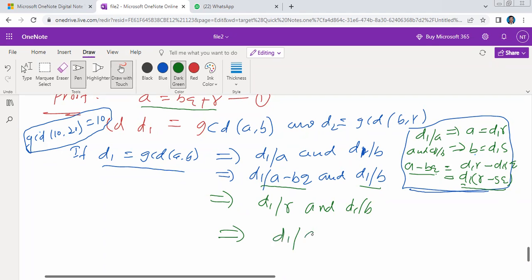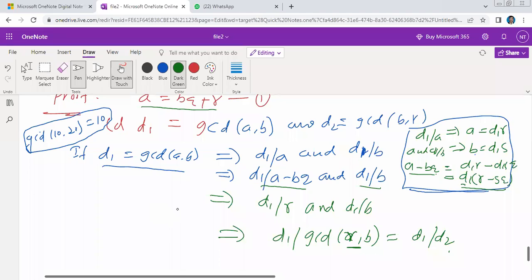So D1 must divide GCD of R comma B. According to the statement written earlier, D1 divides GCD of R comma B. GCD of R comma B is equal to D2, so D1 divides D2. Is that clear?